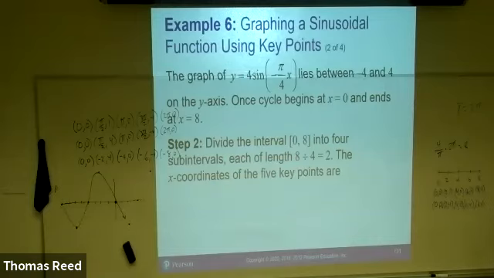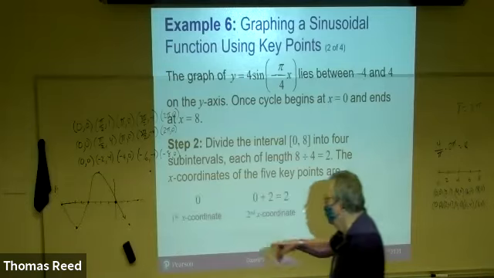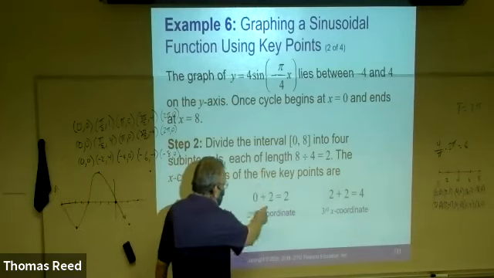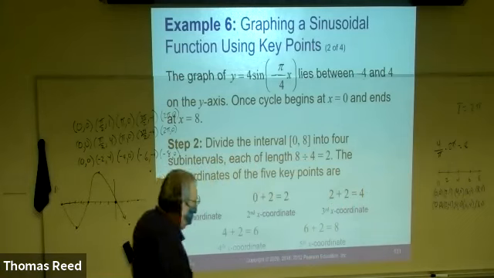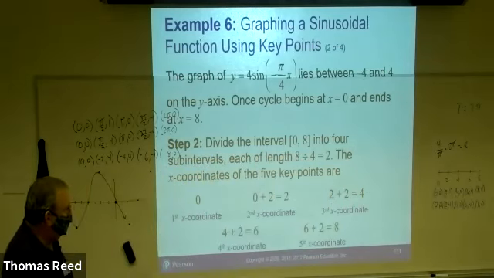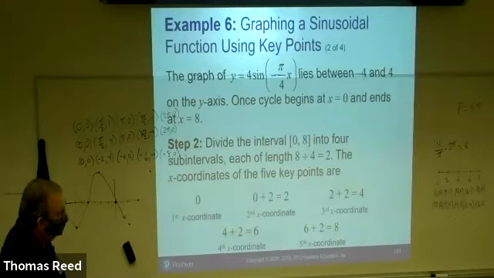I think that's a lot easier than the way they do it. So the first coordinate is 0, and the next one you're adding 2, and then another 2, and another 2, and you wind up with all 5 coordinates, divided into 4 regions.